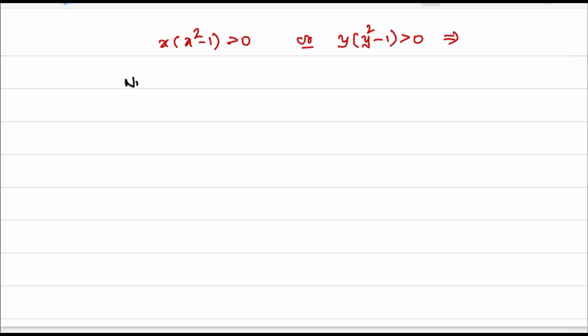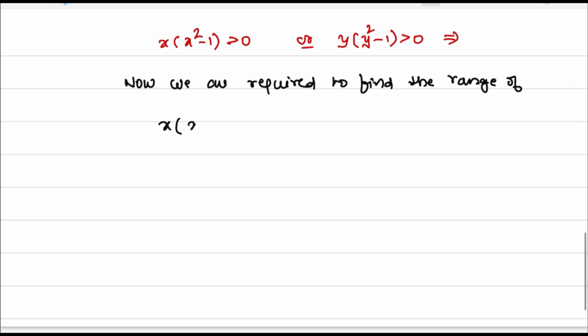Now we are required to find the range of x into (x square minus 1) greater than 0.